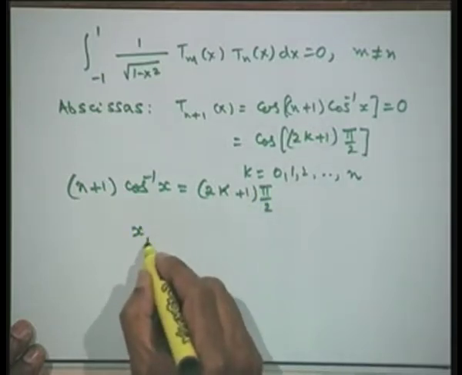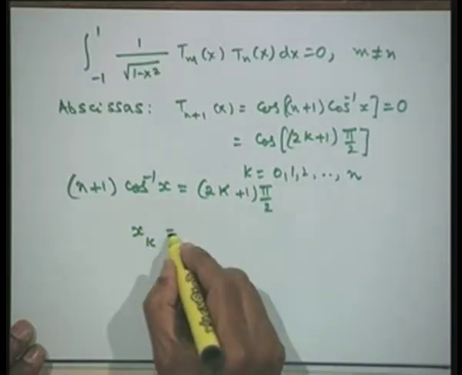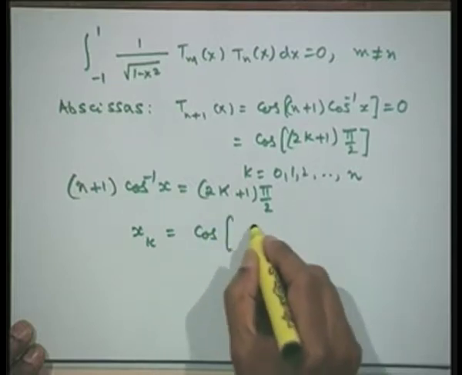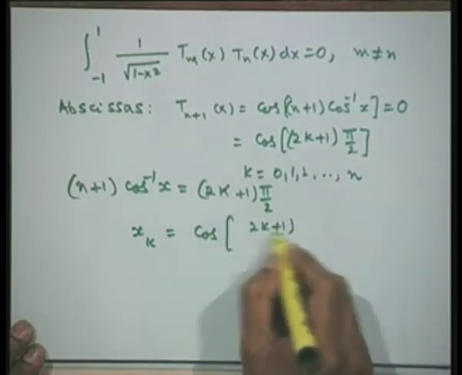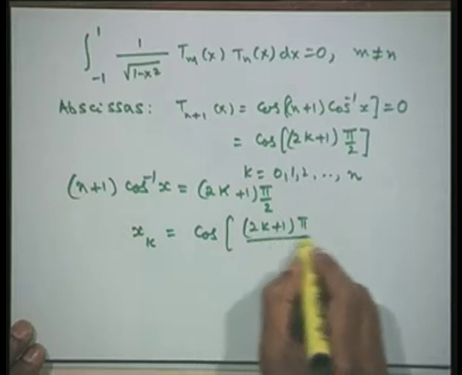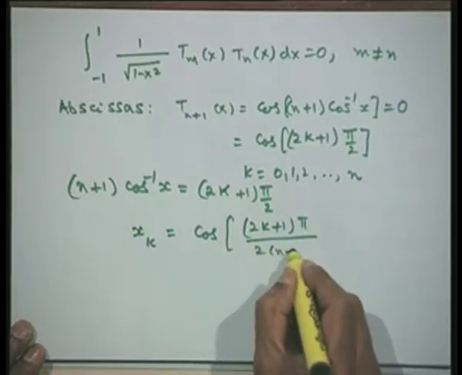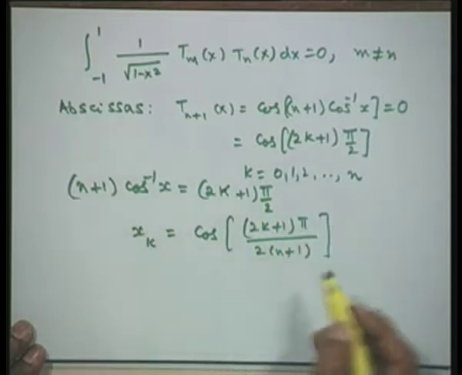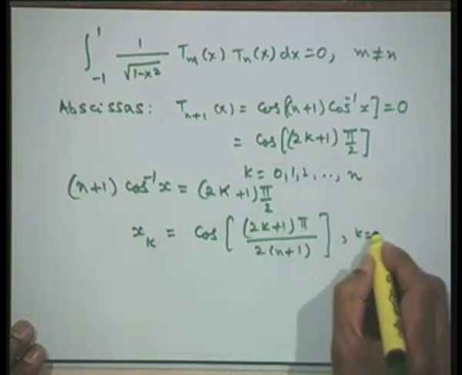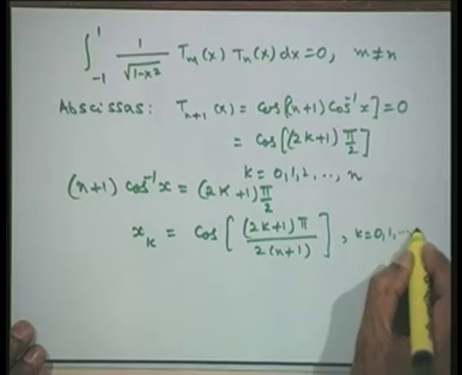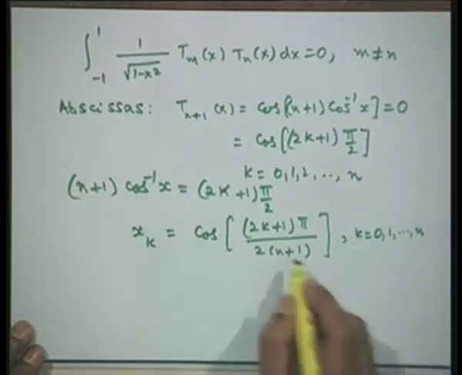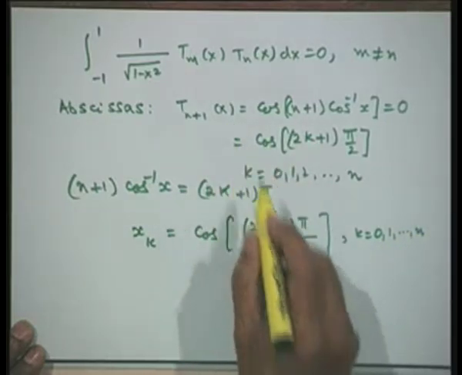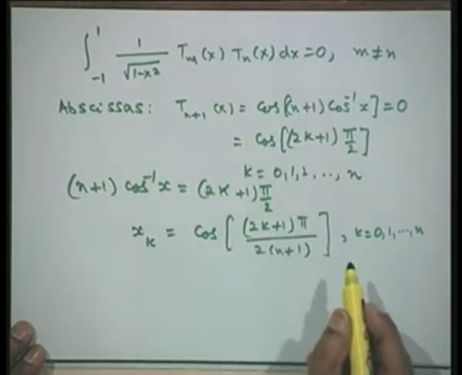Therefore, I will have x k equal to cos of (2k plus 1) pi by 2 divided by (n plus 1), and k of course as we have written above is 0, 1, 2, 3, up to n. These are the n plus 1 zeros of this Chebyshev polynomial of order n plus 1.